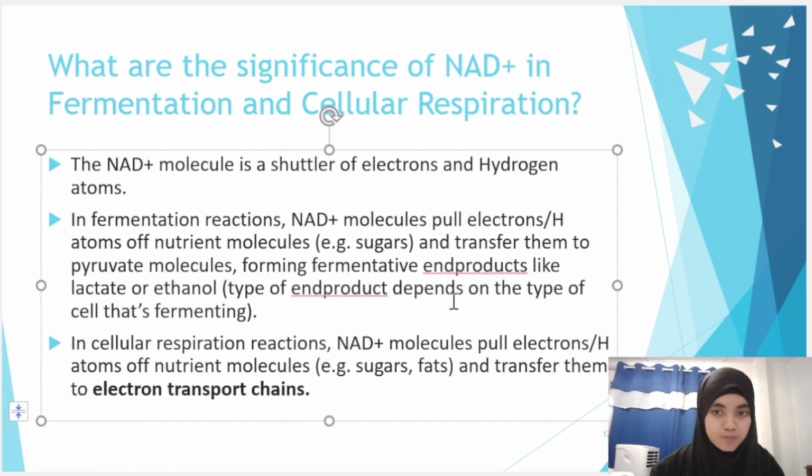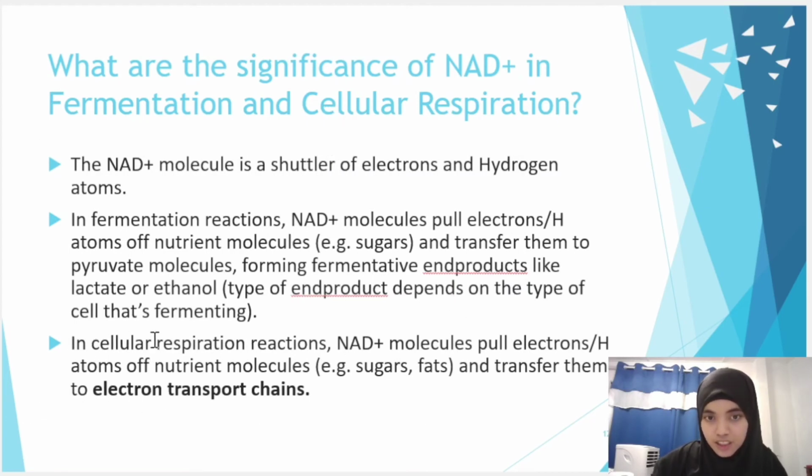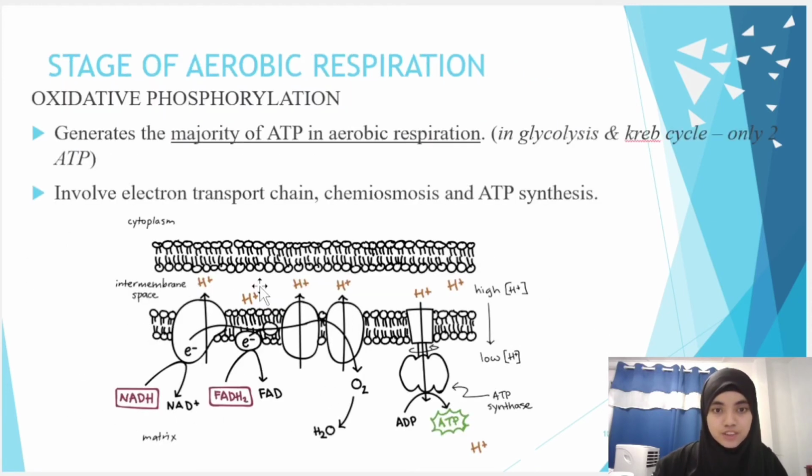The type of end product depends on the type of cell that is fermenting. In cellular respiration reactions, NAD+ molecules pull electrons from nutrient molecules, for example sugars or fats, and transfer them to electron transport chains.